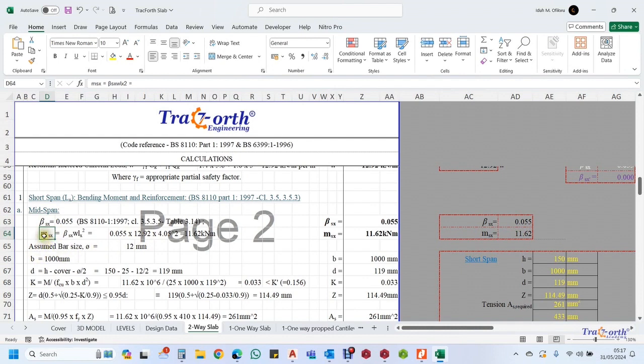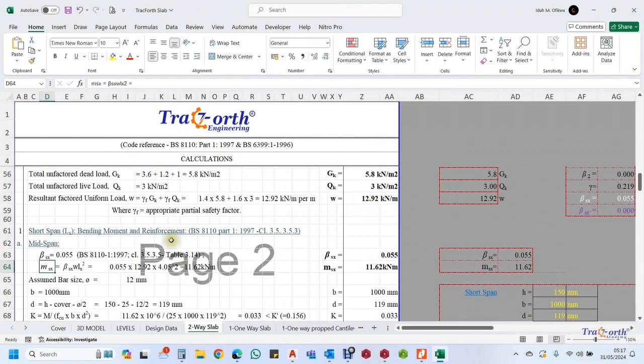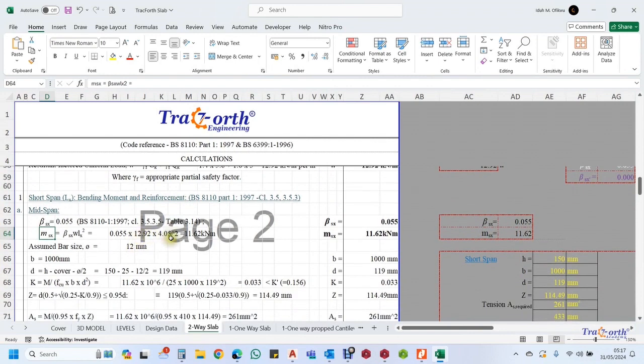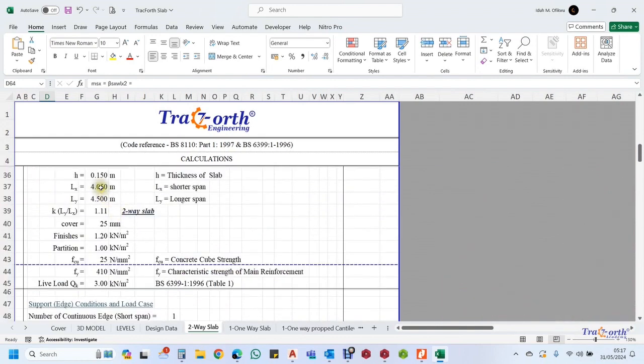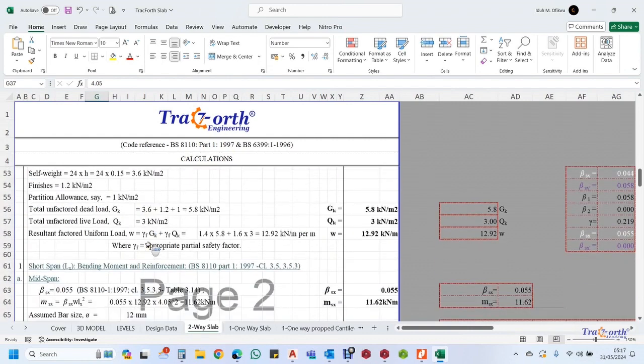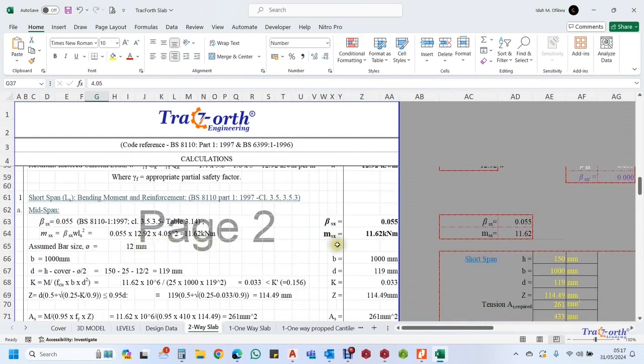Now, our maximum bending moment for the span will be the coefficient times W, which we calculated earlier as a distributed load, times the short span squared, which is 4.05. So that will give us mx. This becomes the moment that we are going to be using for the design.